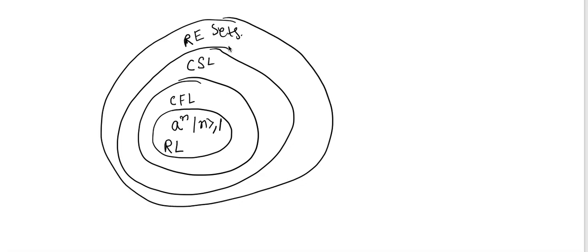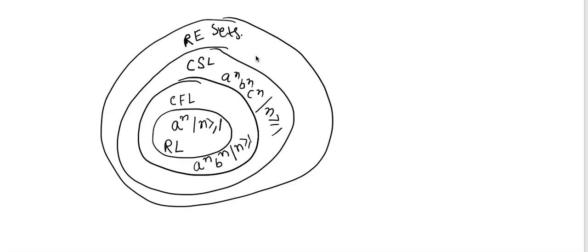So this is all called the family of languages. For CFL, an example is a power n b power n such that n is greater than or equal to 1. For CSL we can have the example a power n b power n c power n such that n is greater than or equal to 1.